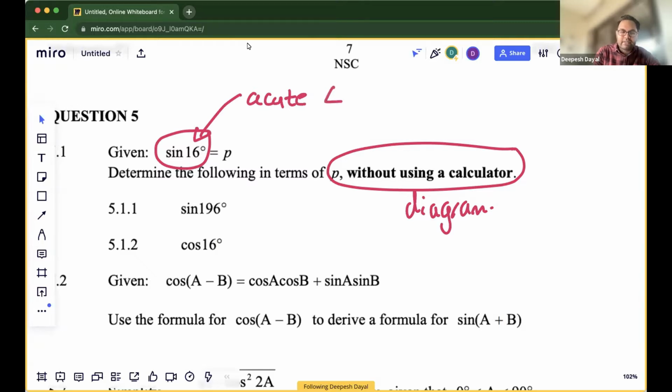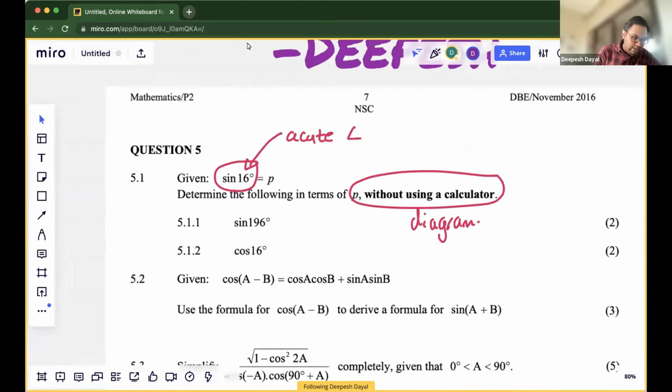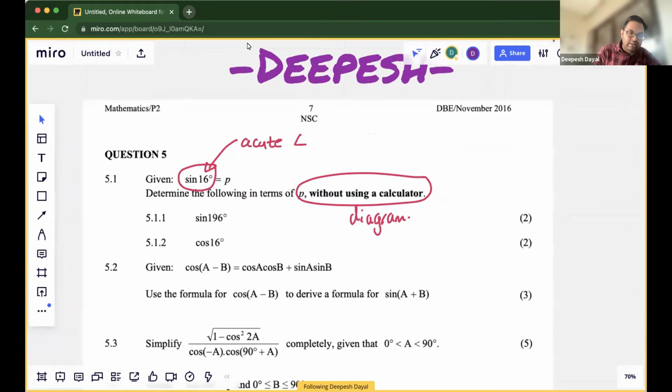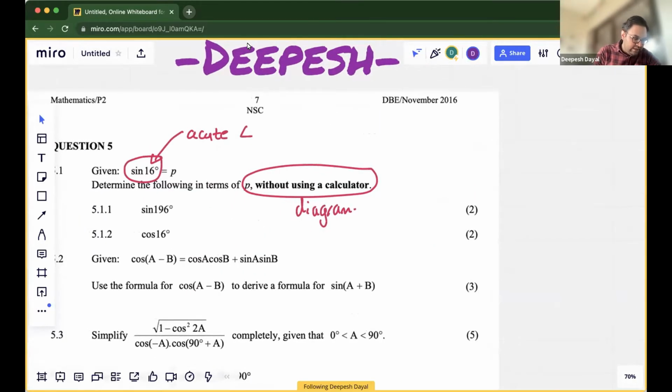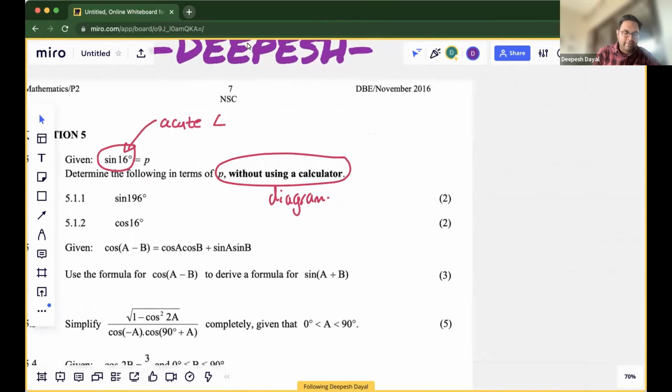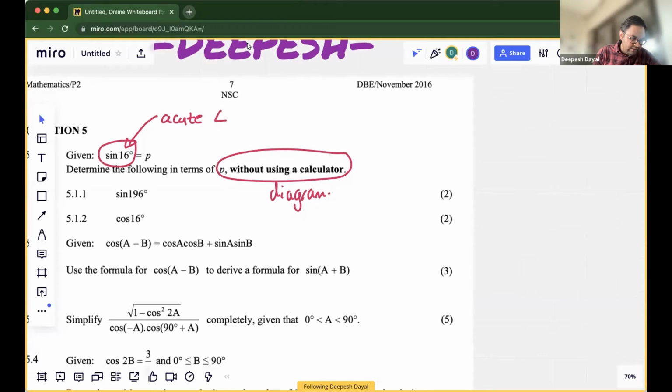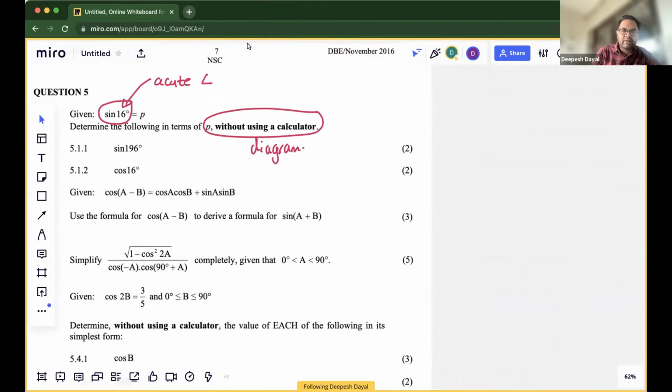Let us draw that diagram. Just stop me at any stage, or you can unmute or type a message in the chat if it is challenging for you to understand any of the questions.